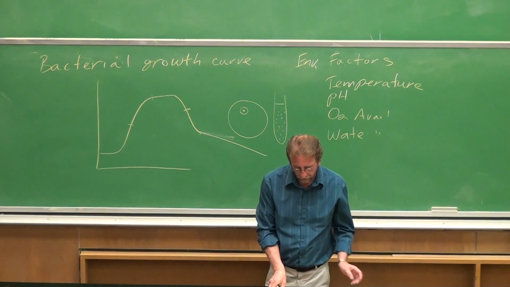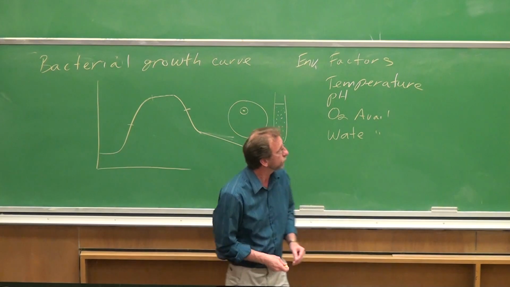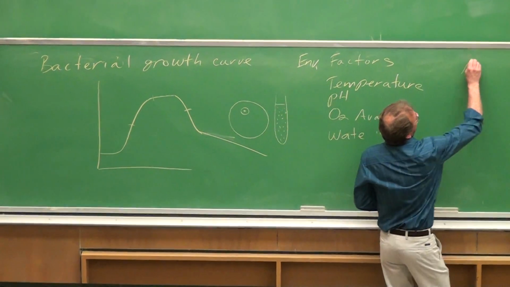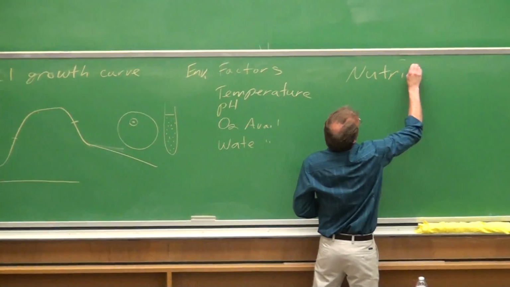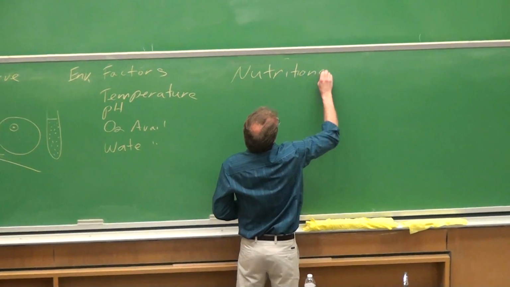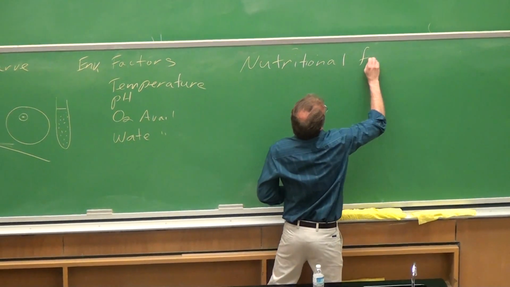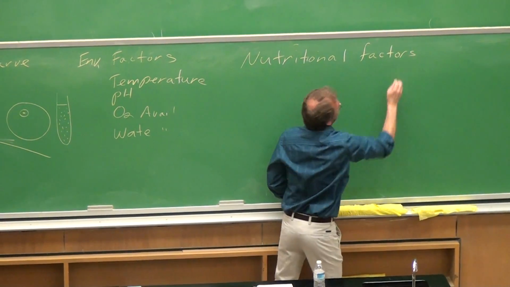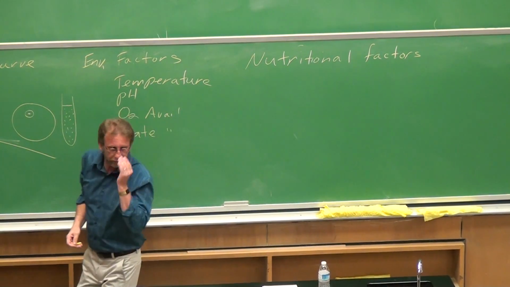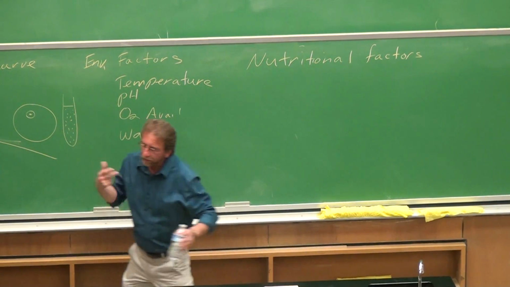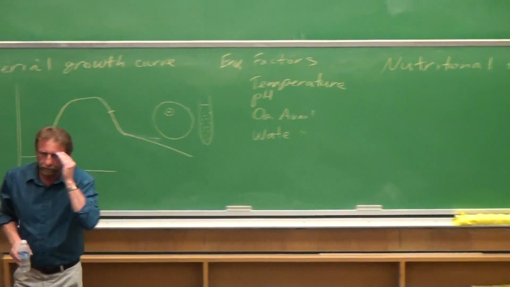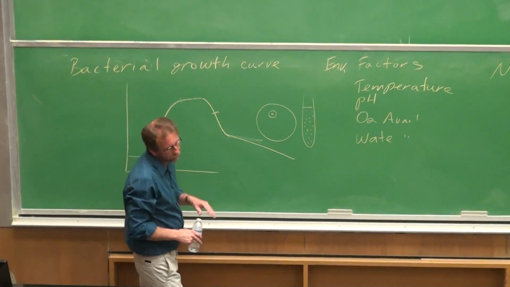And then we were just getting ready to talk about nutritional factors that will influence microbial growth. So we talked a little bit about nutritional factors when we were talking about food, but now we're not talking about food.